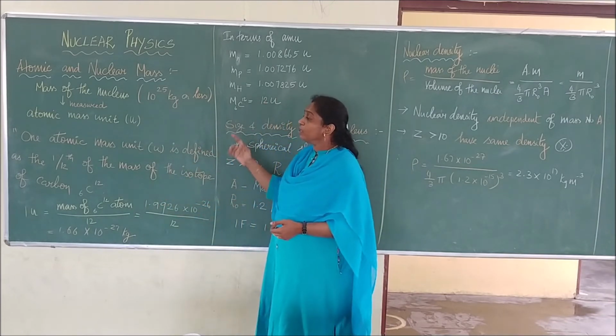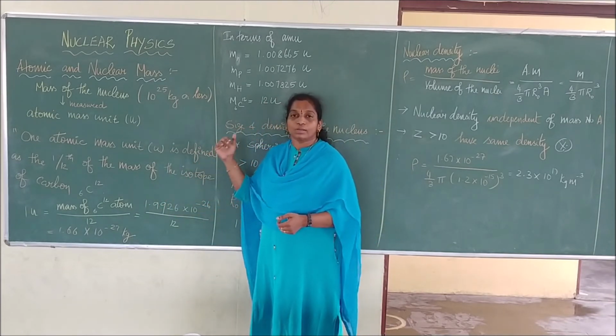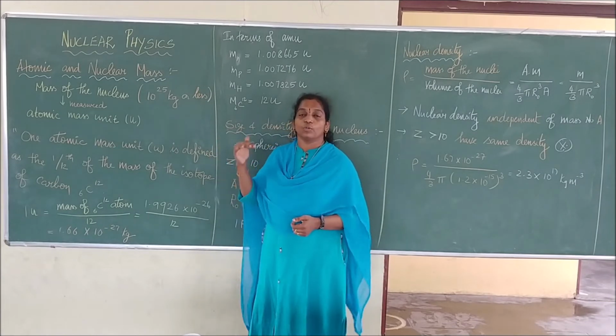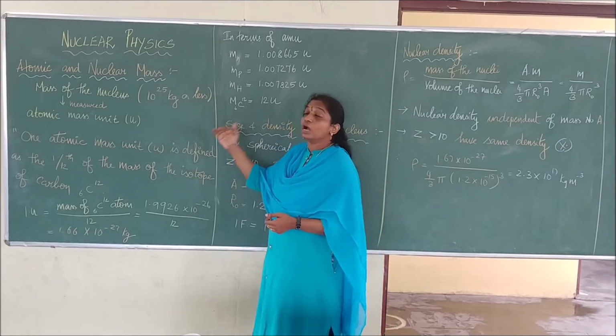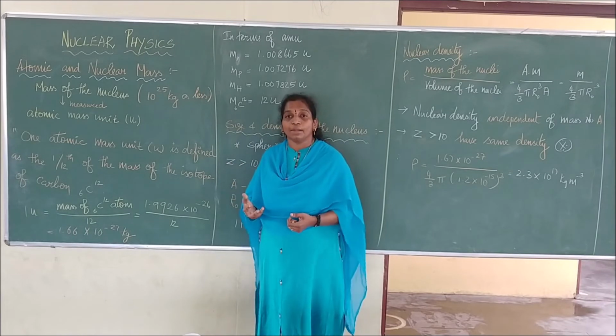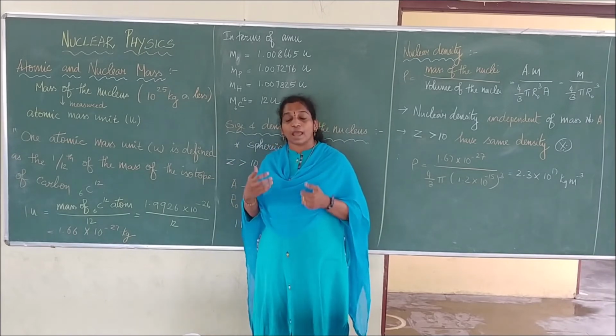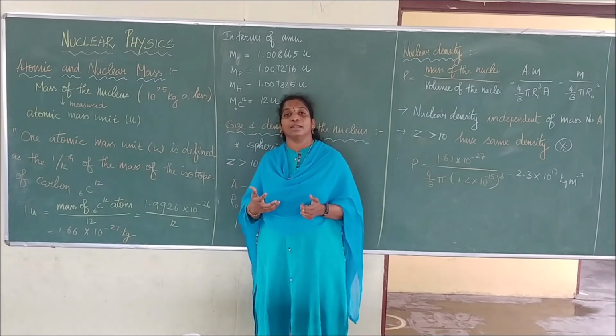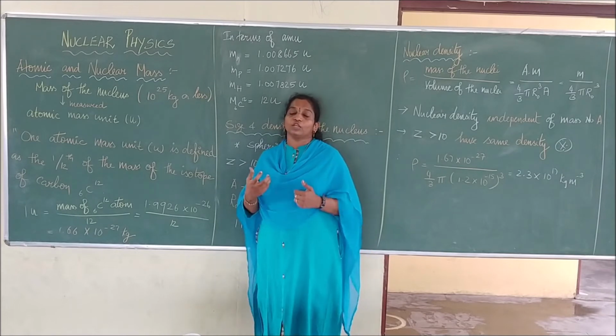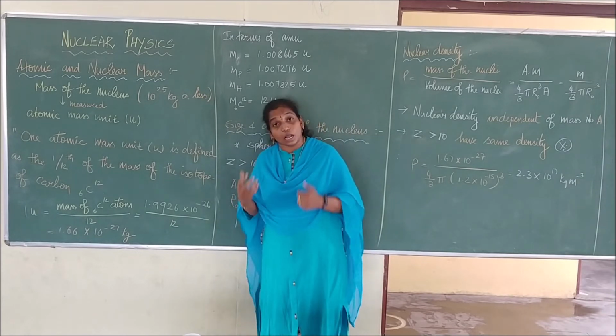Right? So we are taking the 1 by 12 value of a carbon atom. Why are we taking the carbon atom? Because carbon occurs naturally in an abundant manner. Therefore, we use the mass of a carbon atom.